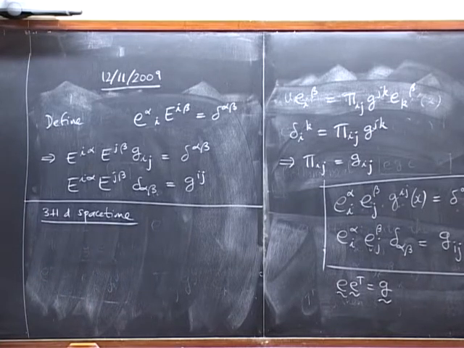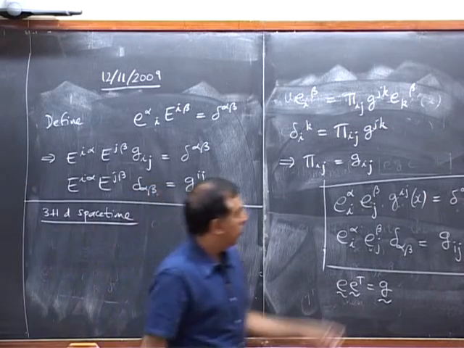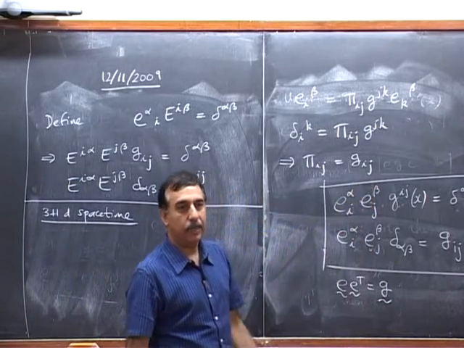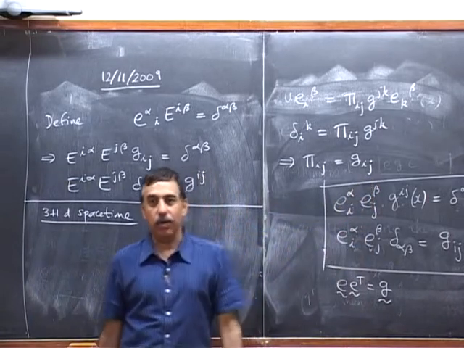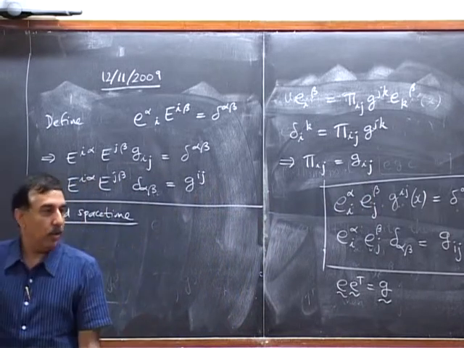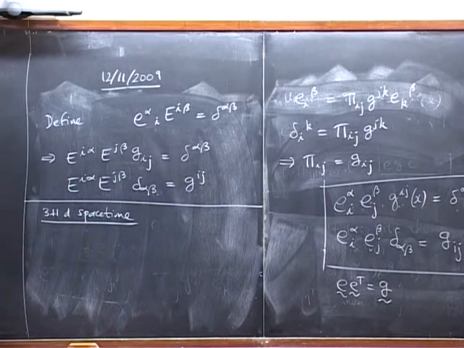But just for you to get used to the notation and for me to point out one little difference. Now you see, in space, the group which allows us to rotate this set of three vectors is O(3). But in space-time, the corresponding group is O(3,1), the Lorentz group. Okay. So we have to be a little careful.